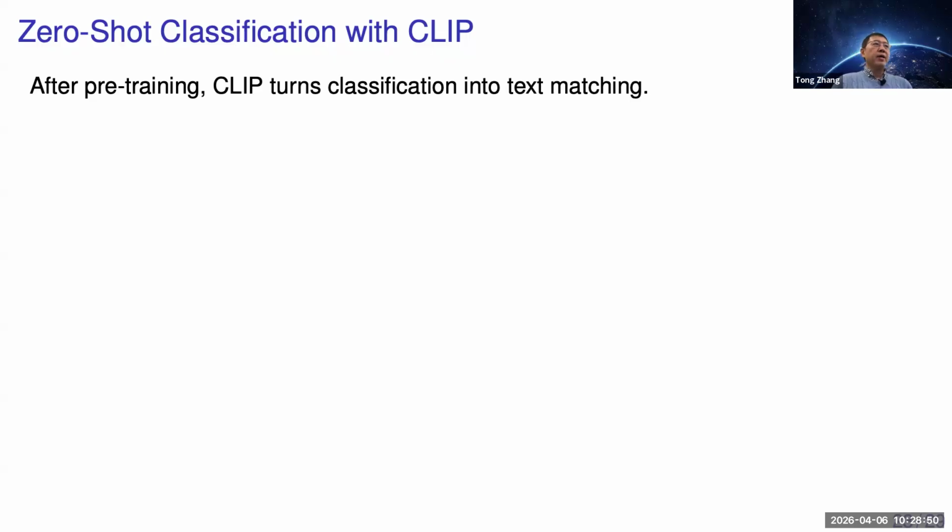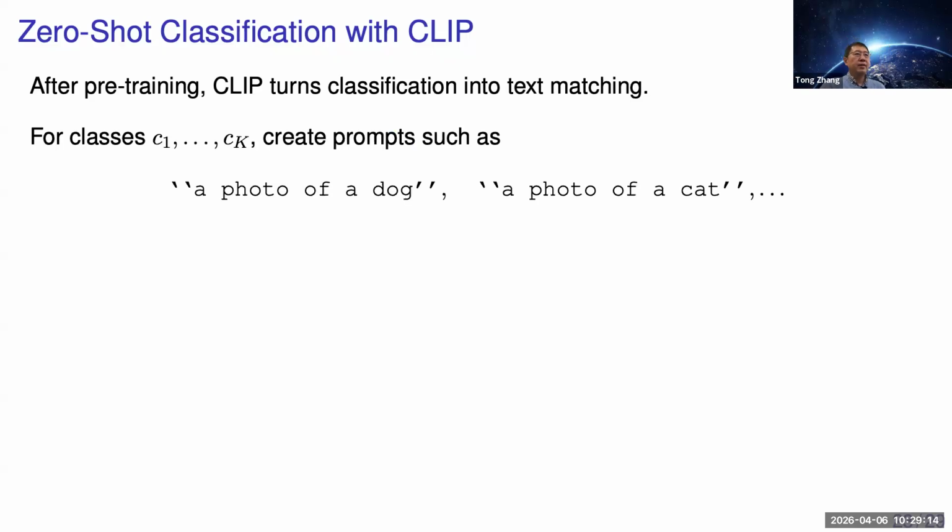Each patch has its own embedding, but essentially the whole image has an embedding, and you can match that against all the text embeddings, whatever text you get.